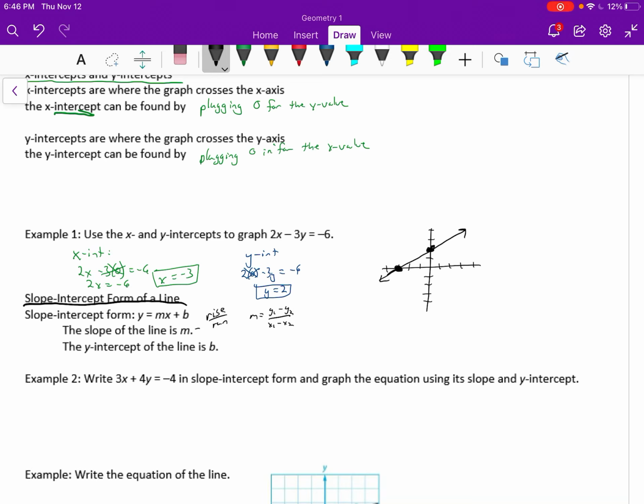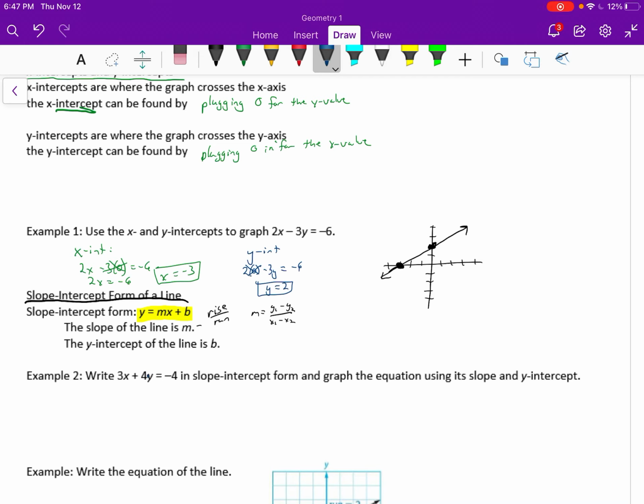So this example 2 says write 3x plus 4y equals negative 4 in slope-intercept form and graph. So slope-intercept form is right here. That means we want to get y on one side, everything else on the other side. So let's get to it.